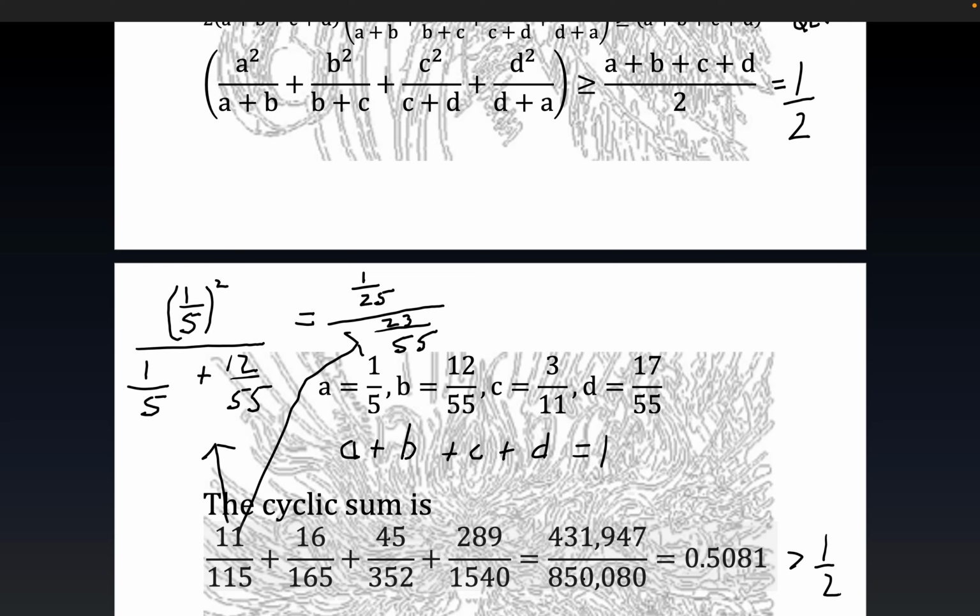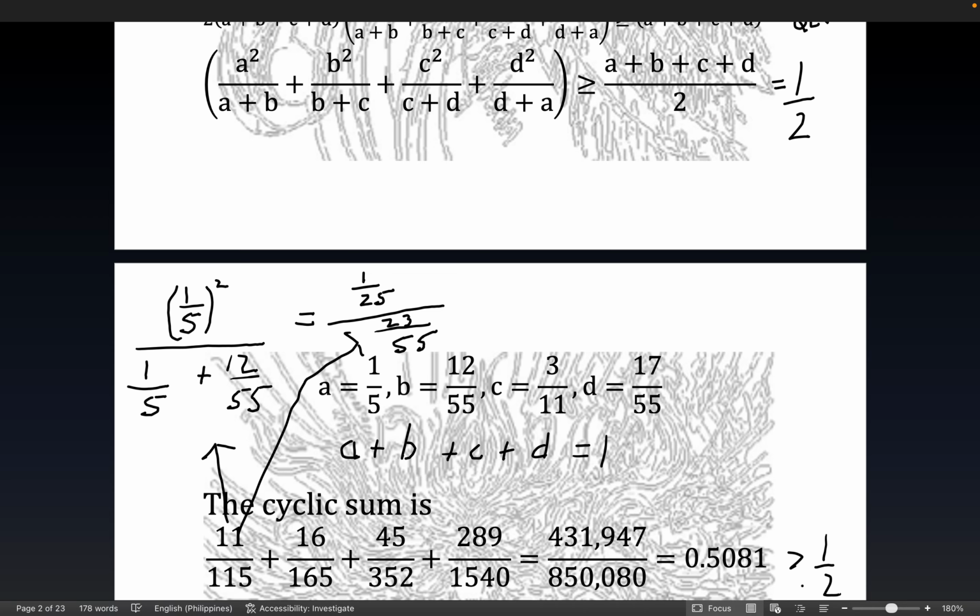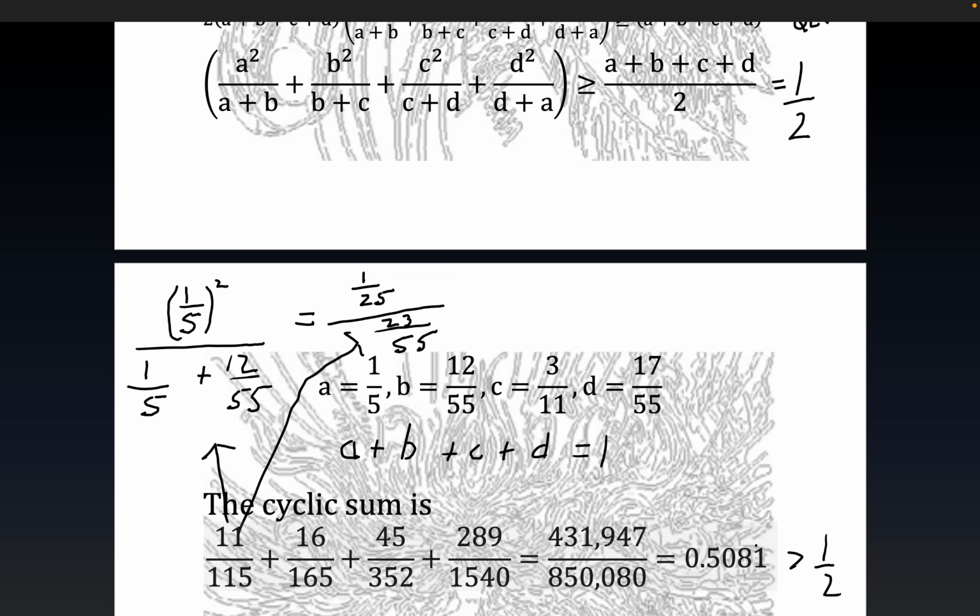It probably is, I don't know, though. It's just kind of a messy exercise. But anyway, this is strong evidence that there are no mistakes in the proof, because we did get a pretty tight sum here. If these numbers are more spread out and they still add up to 1, it's not quite as tight, but this is very, very close to 1/2 as it stands.